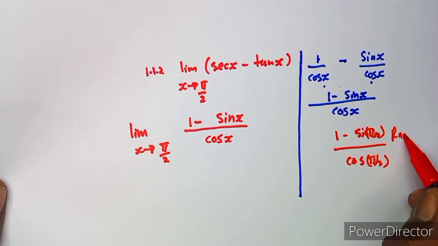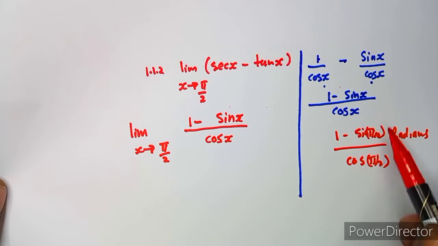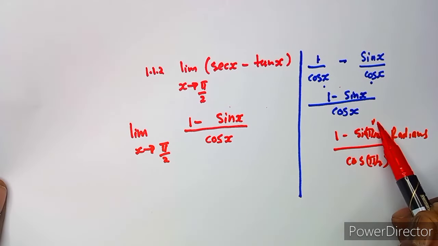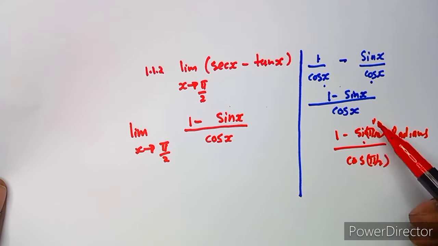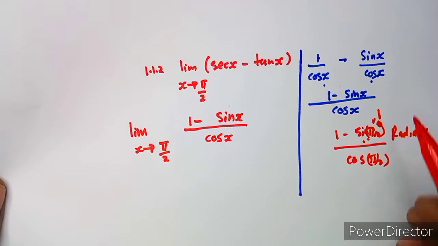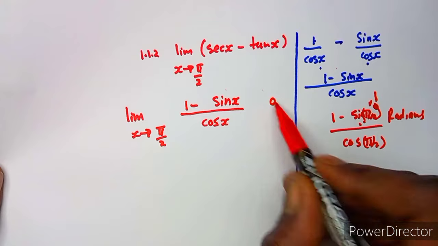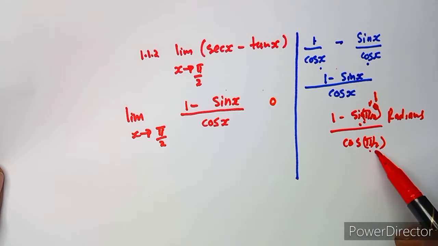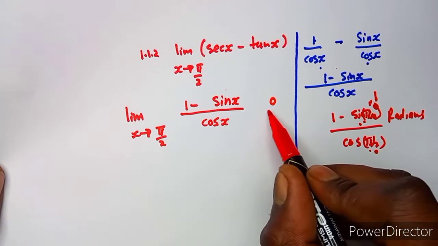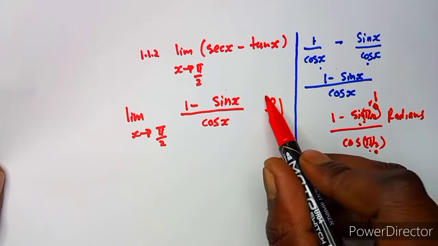And make sure that your calculator is not in radians. So simplifying this, sine pi over 2 gives us 1, so this is going to be 1 minus 1, which is a 0 here. Cos pi over 2 gives us a 0, so this one is going to give us 0 over 0.